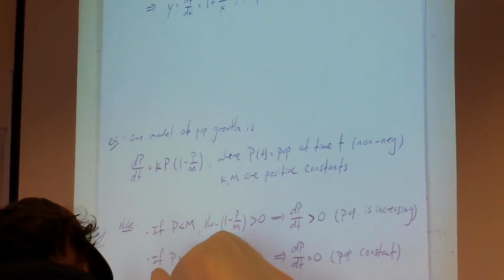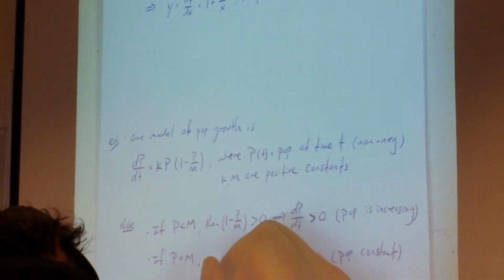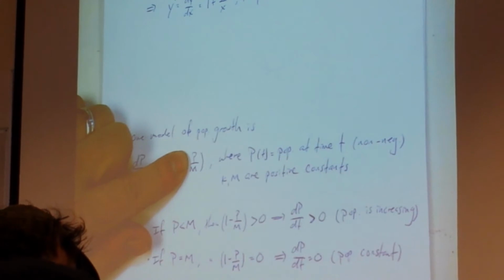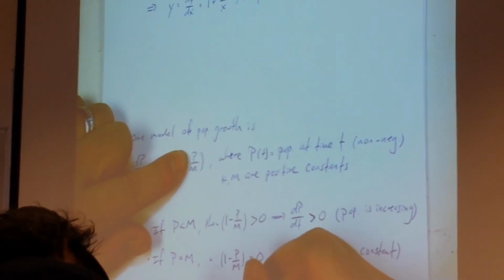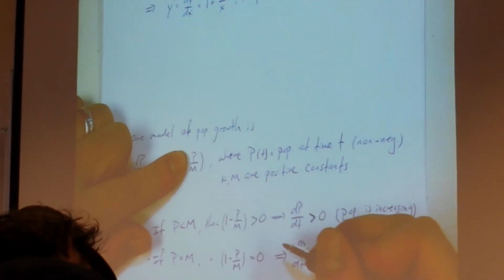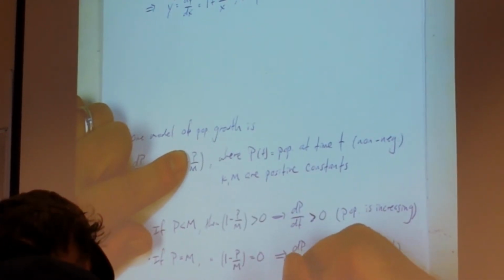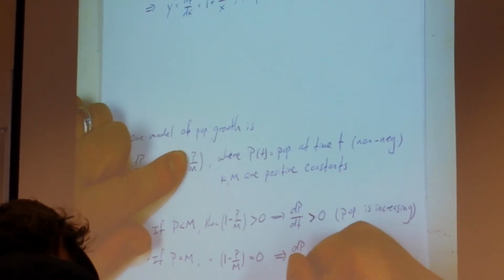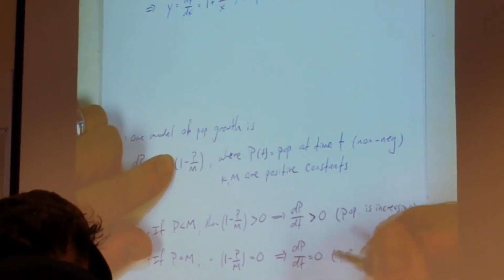Now, the other possibility is that if P exceeds M, what kind of fraction would that be if P is larger than M? P over M is greater than 1, which means 1 minus that is negative.